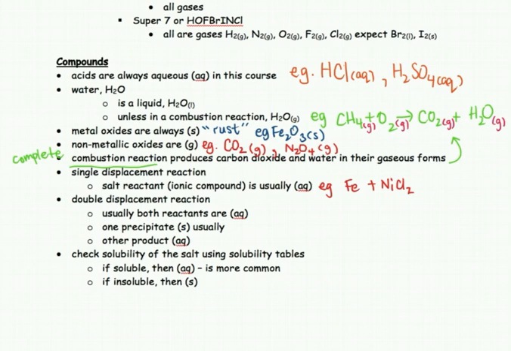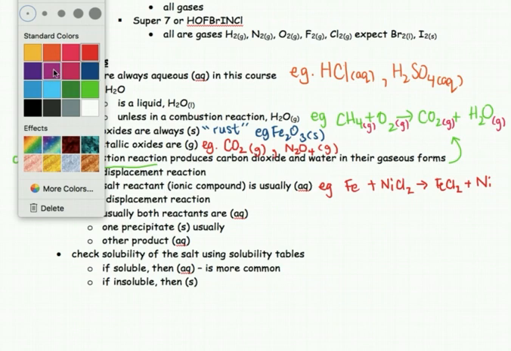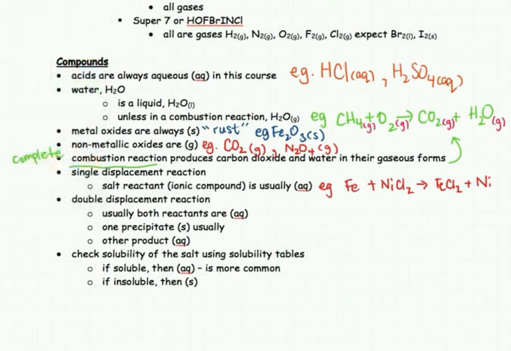And you're going to find that, yes, iron is higher up on the activity series, so it's going to displace the nickel. And then let's just assume it's iron 2 chloride. Okay, and the nickel will be displaced. So there is our example of a typical single displacement reaction, and I am going to go through here and now add the state symbols.